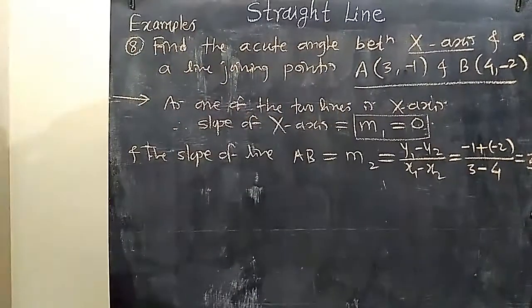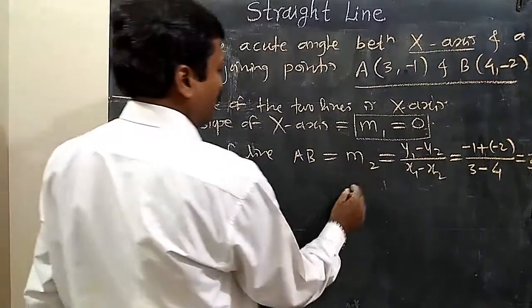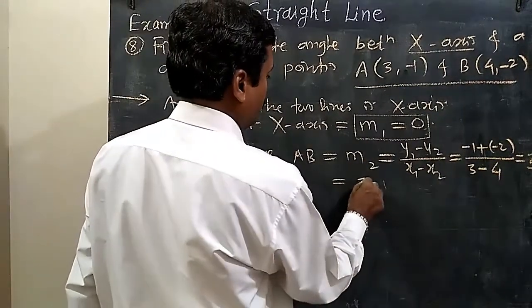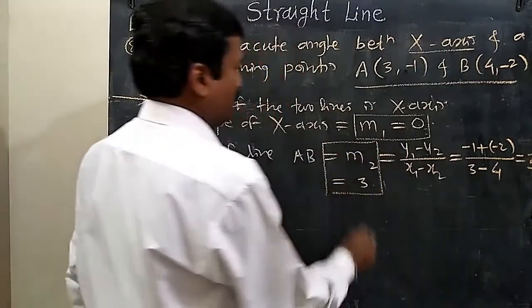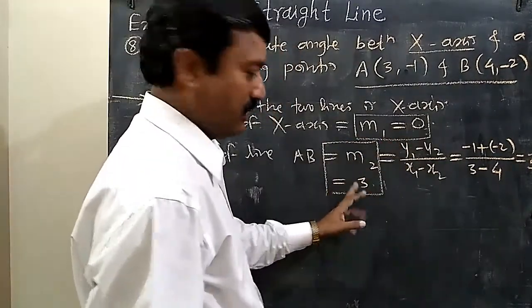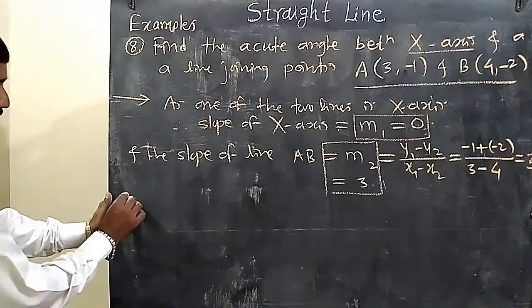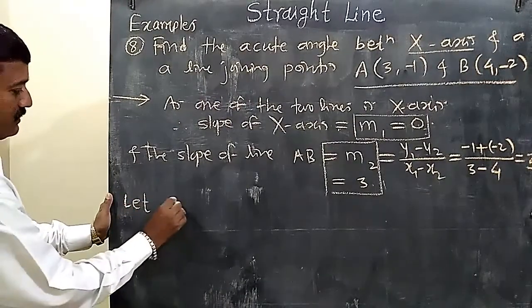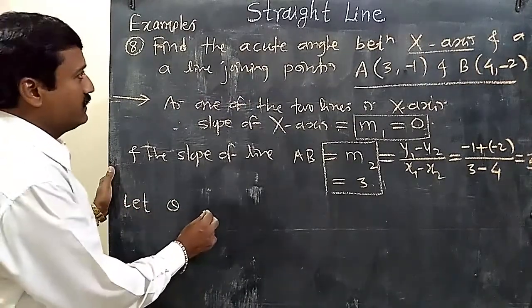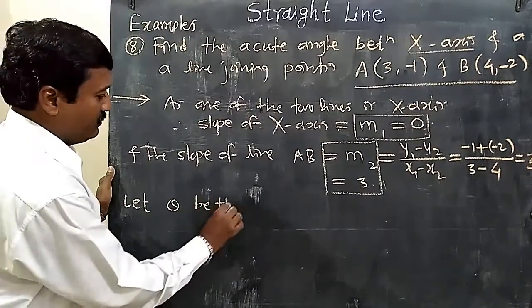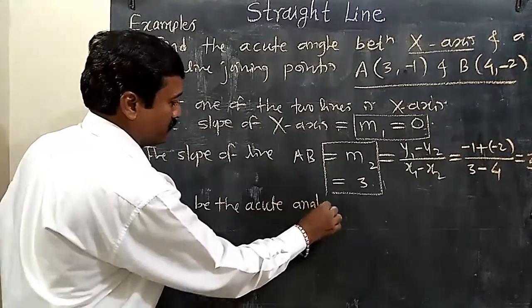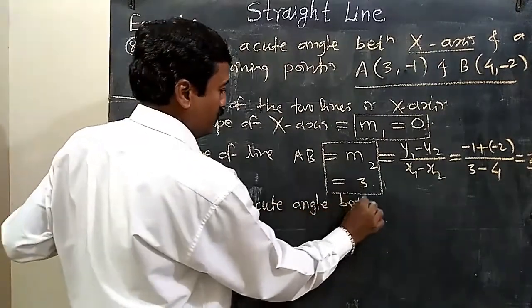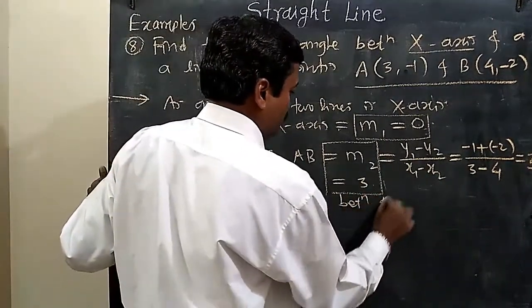So this is the slope of line AB, where m2 is equal to 3. So we have m1 equal to 0 and m2 equal to 3. Let, as usual, theta be the acute angle between the given two lines.